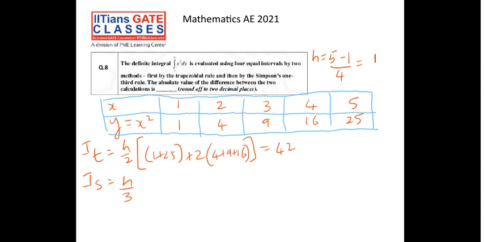Next, find the same integral by Simpson's method, by Simpson's one-third rule. Since it's one-third, it's h by 3 here. Then we find the sum of first and last values. Then 4 times the sum of the odd values, sorry. So that is 4 plus 16.